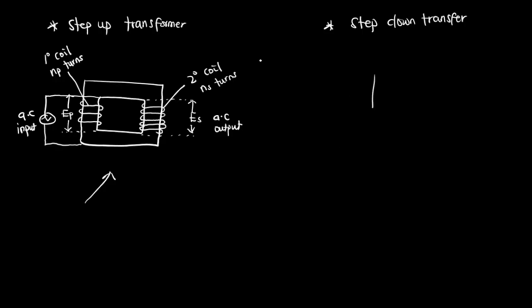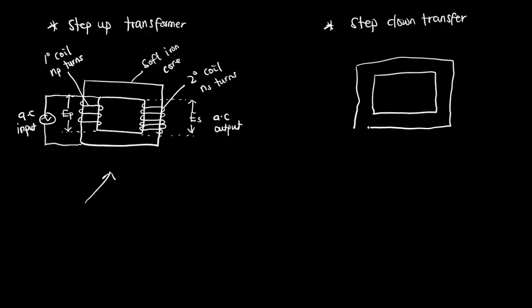If we have our, so this is the soft iron core, right? So if we have our iron core that looks like this, don't mind my drawing. And then on the primary coil, the number of turns is plenty, right?